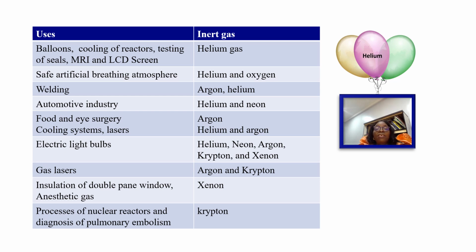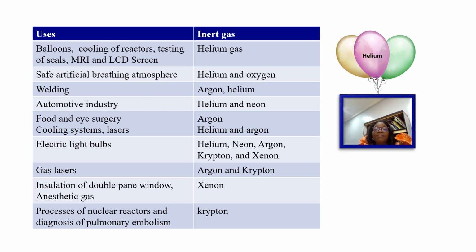Helium and oxygen gases are also used for a safe artificial breathing atmosphere. Argon and helium are useful for welding, used as heat shields. And a mixture of argon and neon is very good in neon lights. Helium and neon are also very useful in the automotive industry.